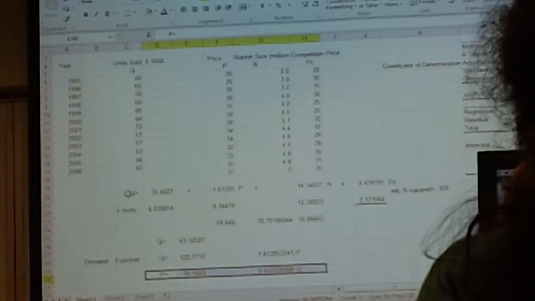I'm going to set up with Q. I will start with 0, and we'll increment it by 5, up to 6.